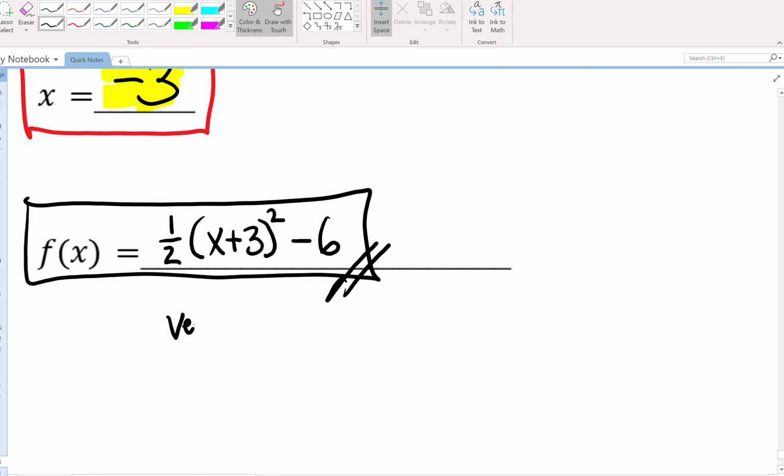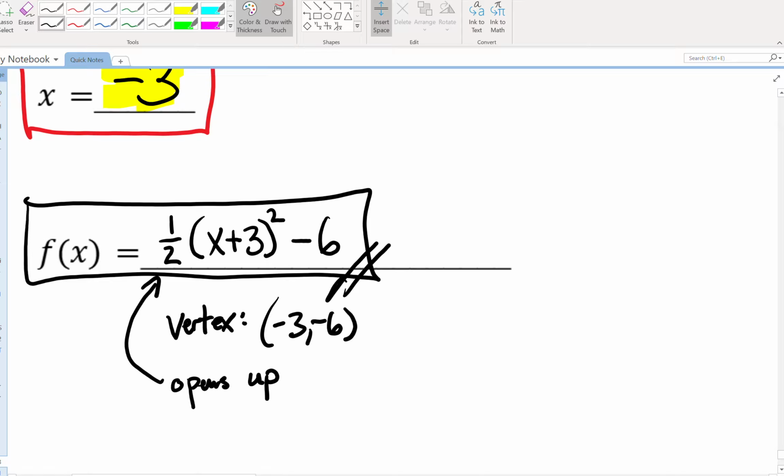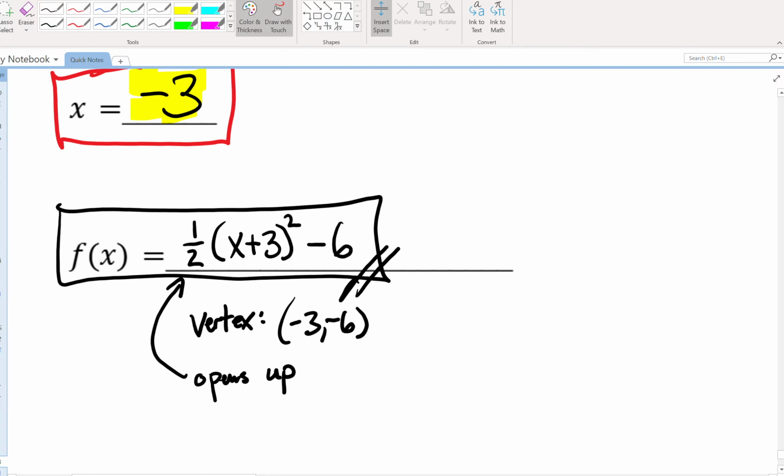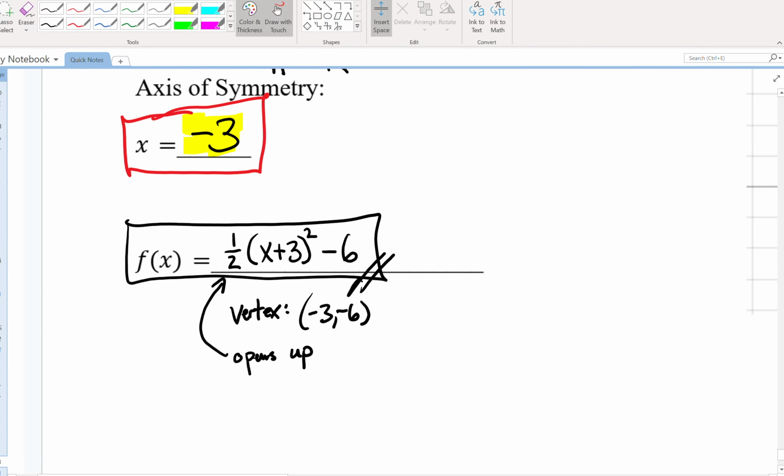Again, remember the vertex is (-3, -6), and a is positive 1/2, which means it opens up. If you were to plug the x value of any point on that graph in, you should get the corresponding y value for that same point, if we've done this correctly. You can go through and check that. That's one way you can check to see if you've done it correctly. Okay, you got this. Keep practicing.